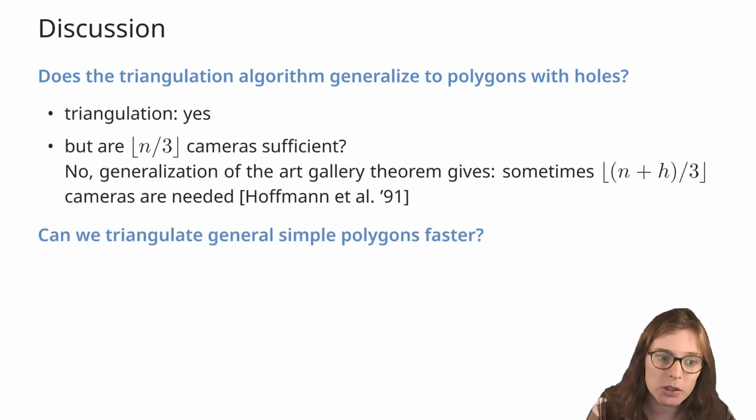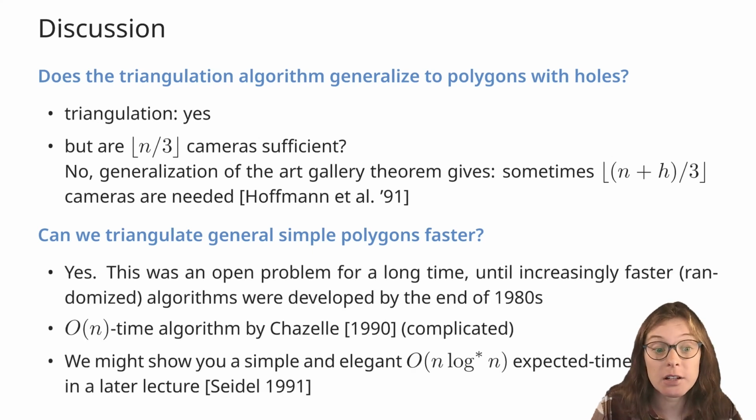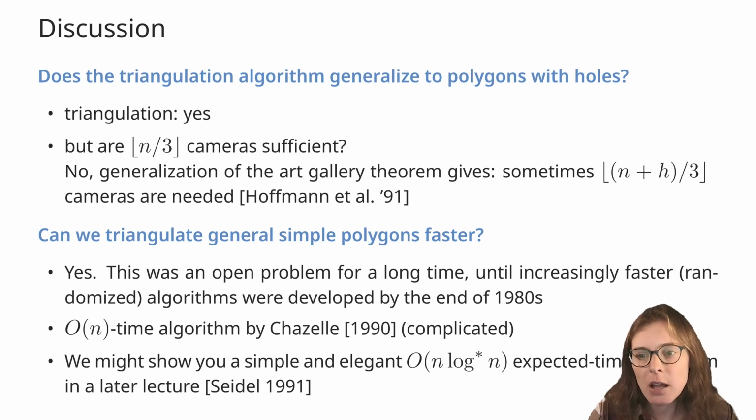Now another question, can we find an even faster triangulation algorithm? And again, the answer is yes. Triangulation of a polygon has been an open problem for a really long time. Slowly, increasingly faster algorithms have been developed by the end of 1980s, but these algorithms were randomized.